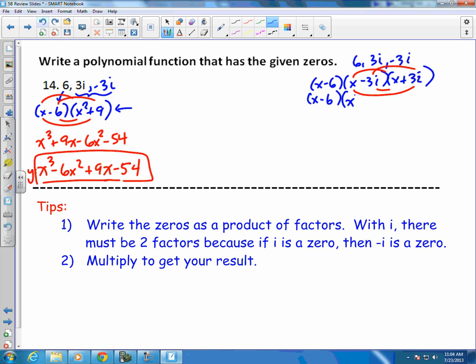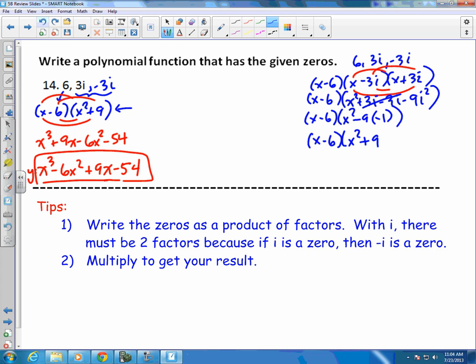So this gives me x squared first, outer 3i and negative 3i cancel, and then my last, negative 9i squared. So these are going to cancel out. Negative 9i squared is negative 9 times negative 1, which is positive 9.